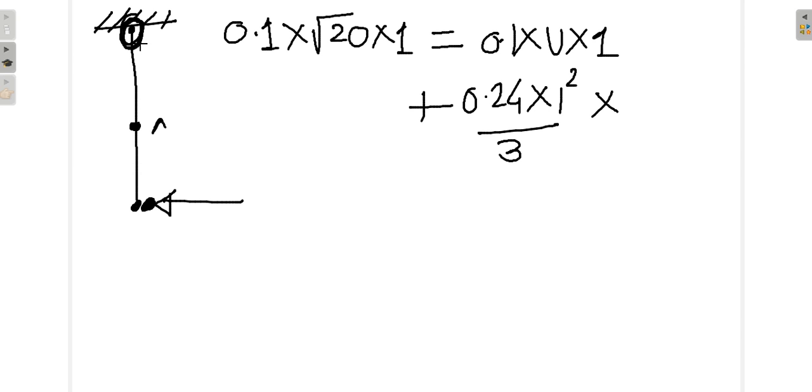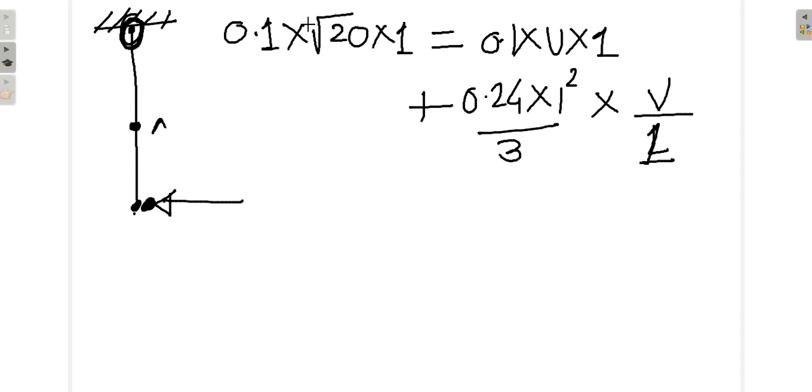Omega of the rod will be V upon L about this point. L is this whole distance. And this equation, L is 1 meter of course, and this will give us the velocity of this particular point, right?